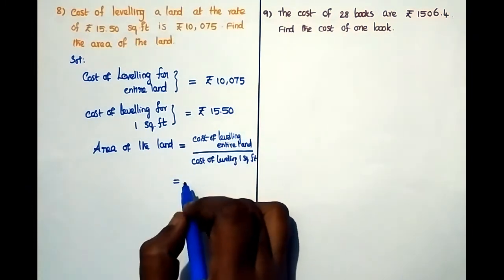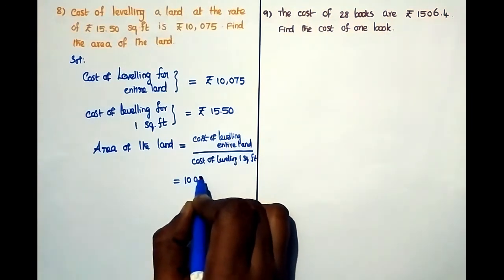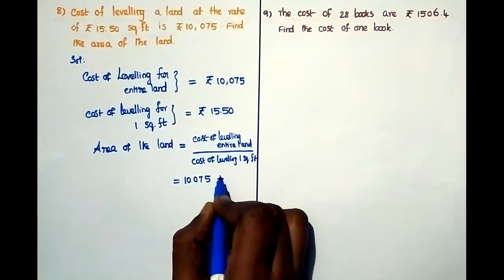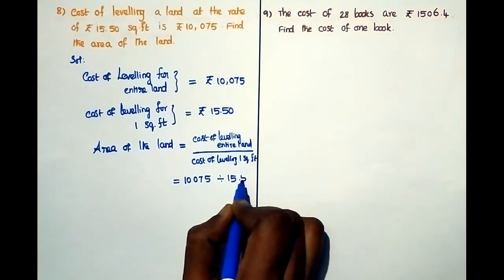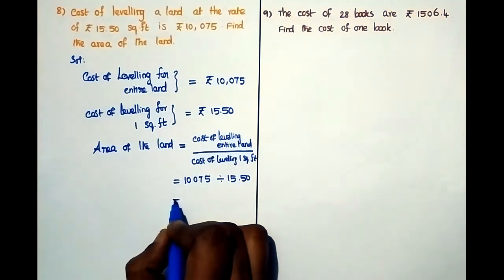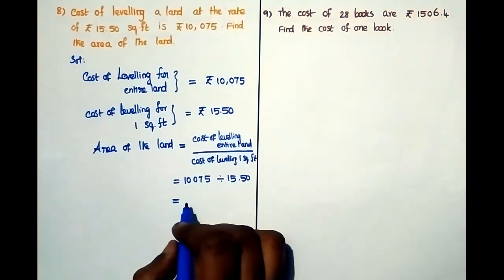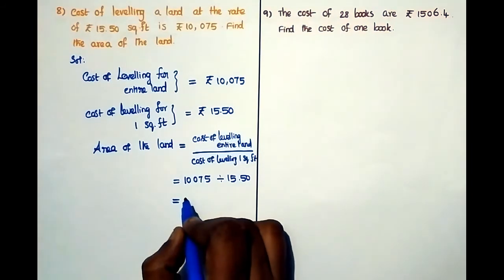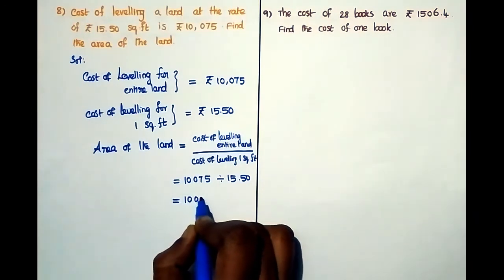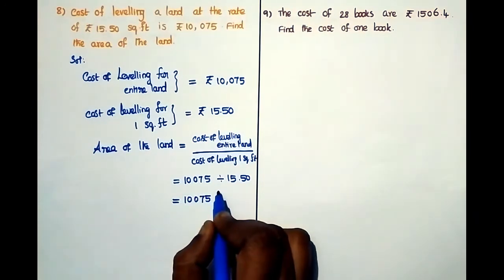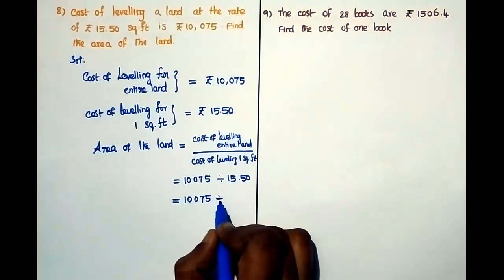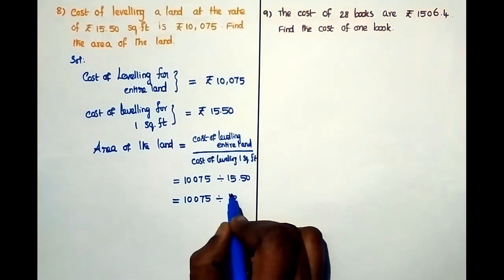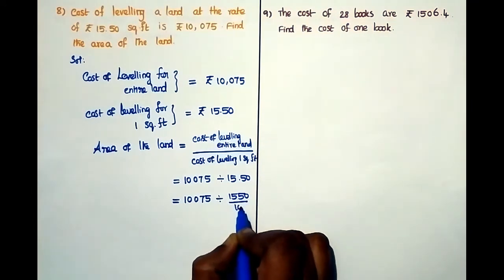So that is equal to 10,075 divided by 15.50. Now write down the number as it is, 10,075 divided by 1550 divided by 100.